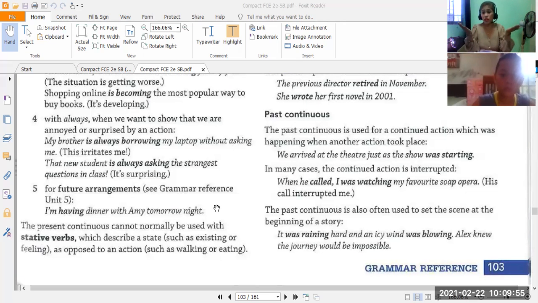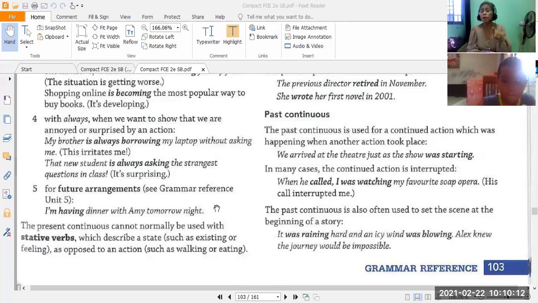Example: We arrived at the theater just as the show was starting.